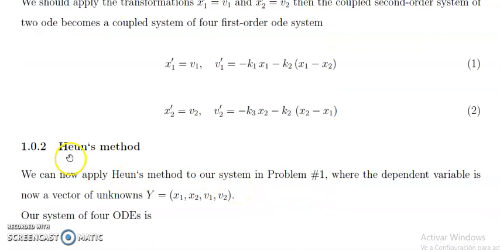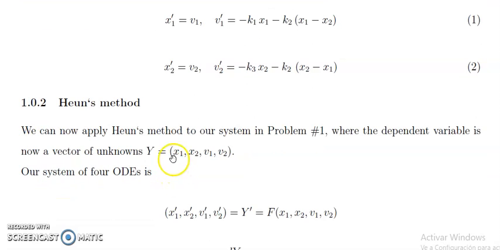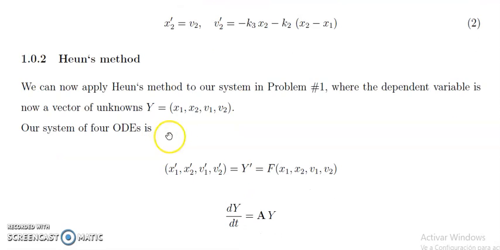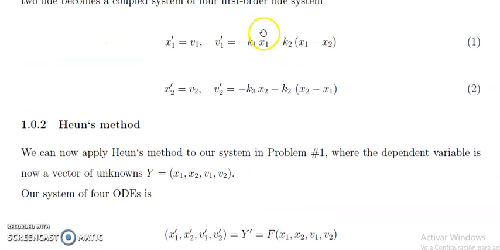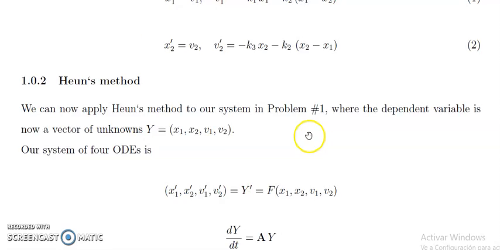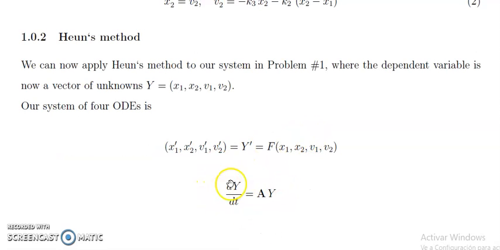Now, let us consider the Heun's method. We can write these 4 equations into just one form, where capital Y prime is a vector which contains the positions and the velocities of the two masses.